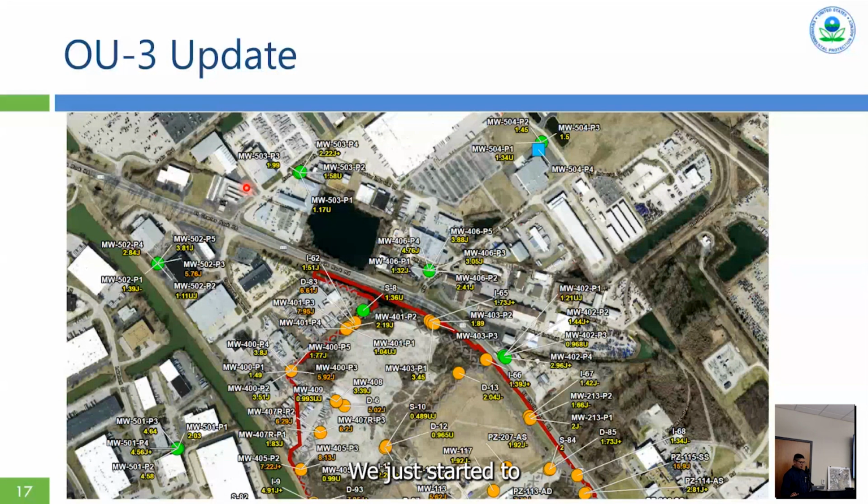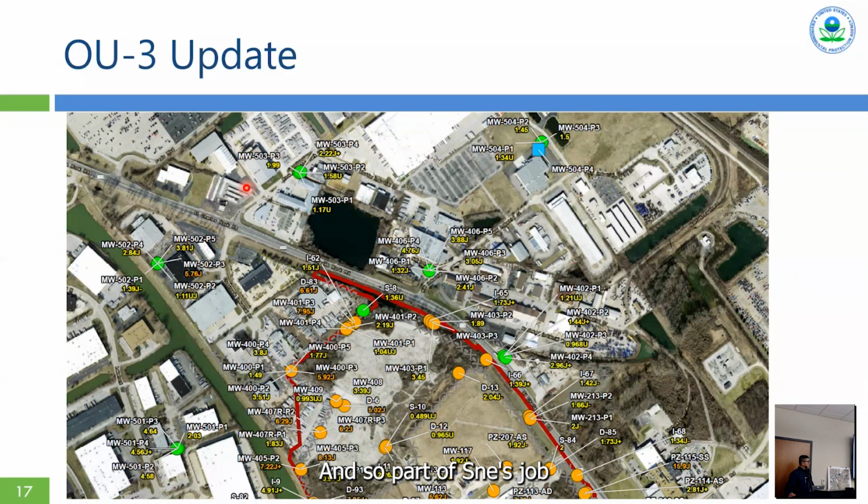The background data set that we've just started to collect does have results right around and just above 5 picocuries per liter. But we do not have an answer to when you see a result off-site, if it's 5, if it's 6, if it's 7, whether that's naturally occurring or includes impacts from the site. But what we want you to know is that we are seeing concentrations around that range in background.